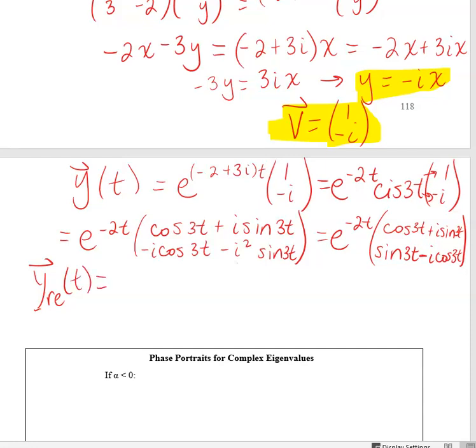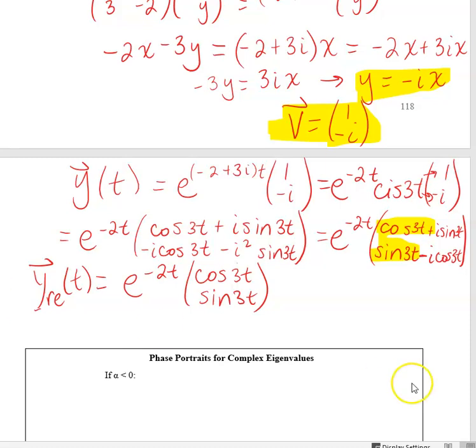The real part is going to be e to the -2t times, now what are the real components from this expression? Well, cosine of 3t would be the x component, and sine of 3t will be the y component. Make sure you see where I'm getting that from. That's just these two terms right here. Those are the real parts.